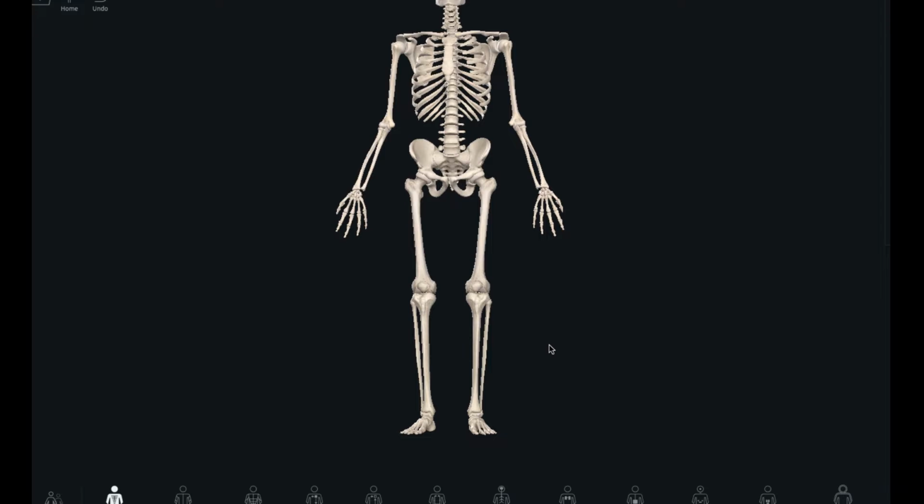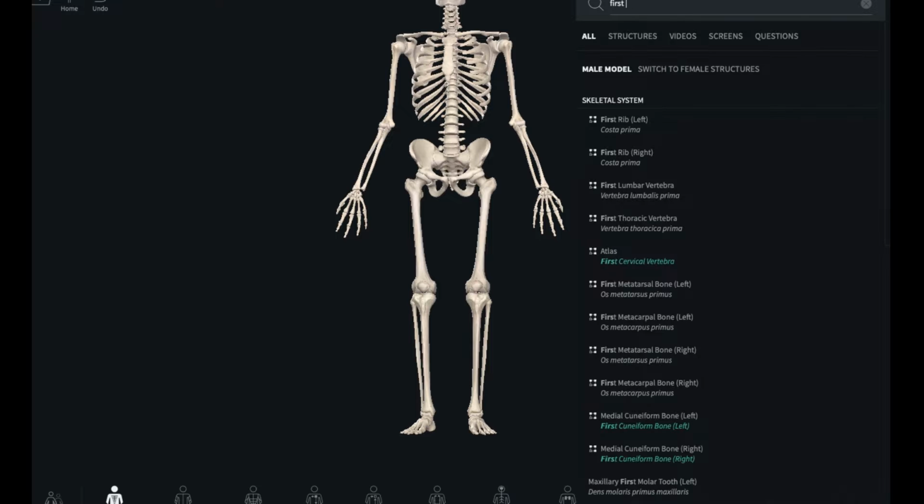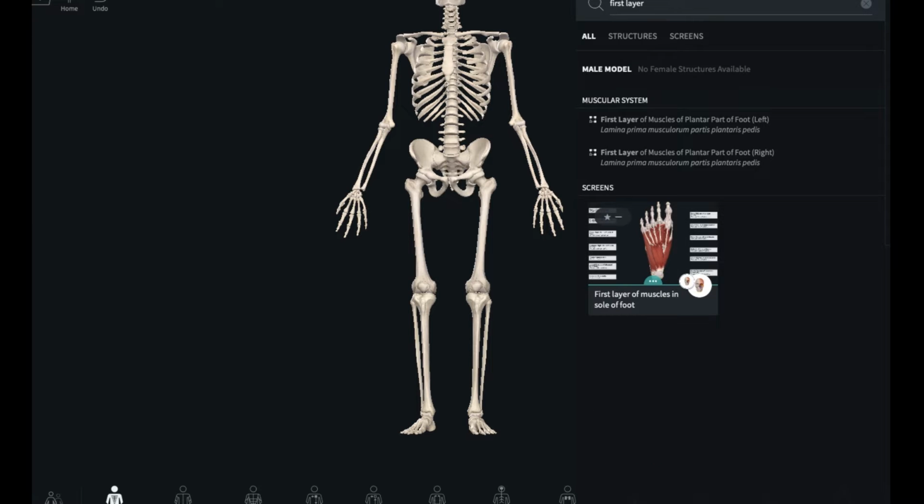So let's start with, how about the foot muscles? So I'm going to start with the first layer of the foot.